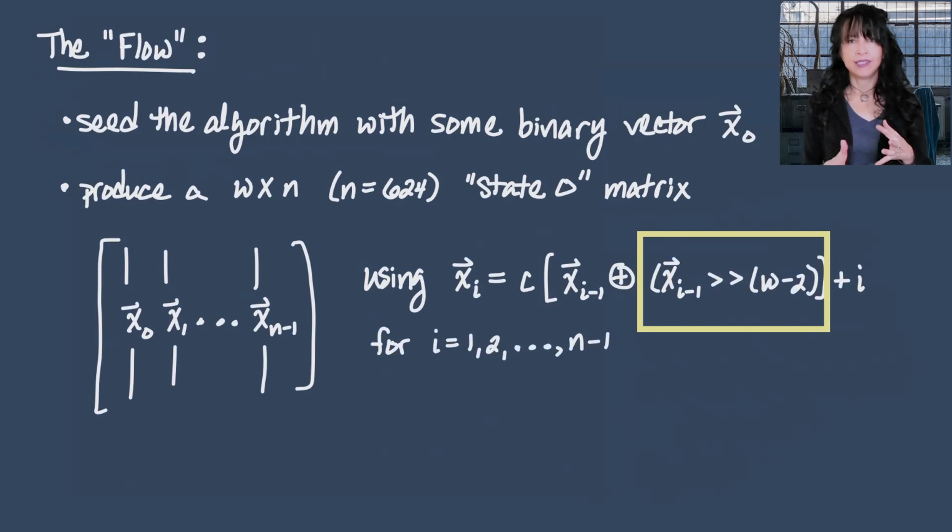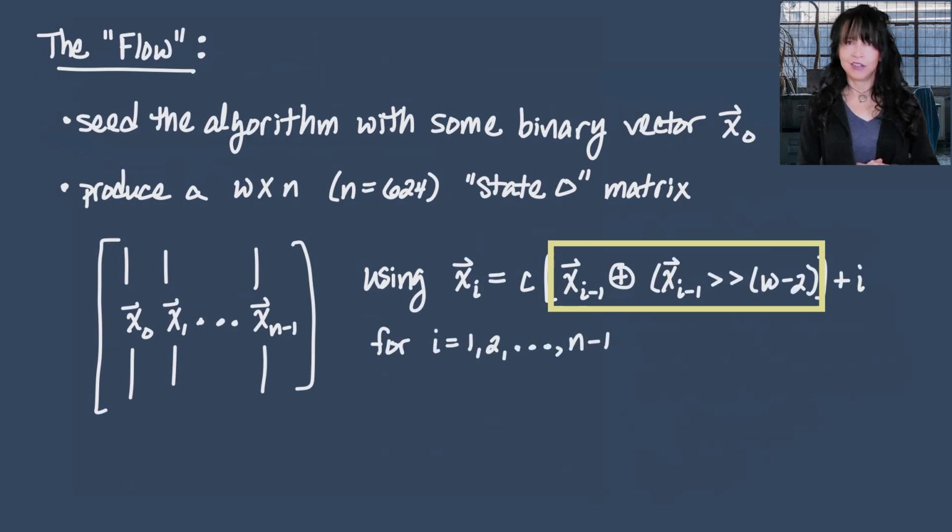It's really important in these operations to keep your word length the same at all times. So you don't just want to dump bits off the end or add in bits. You're going to have to compensate on the other side of your vector. But again, I digress. So this is the (i-1)th vector right shifted by w minus 2 bits, and then you add it to its original self, the (i-1)th vector.